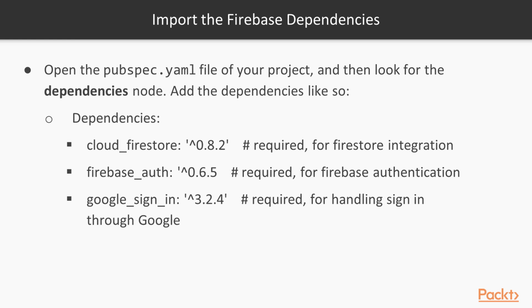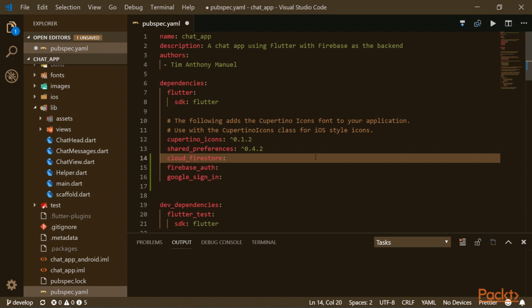So the caret is just within the major version. Okay, so let's put that in, 0.8.2. However, you can also do it like this, greater than or equal to 0.8.2. So what it will do is that you will get any new version greater than 0.8.2.